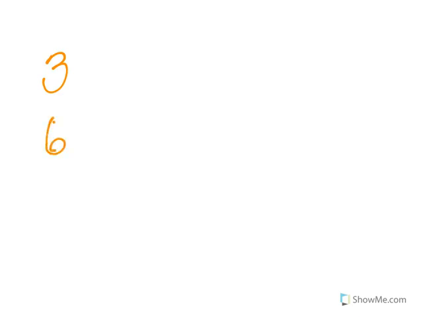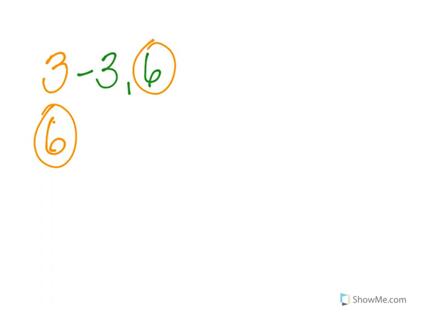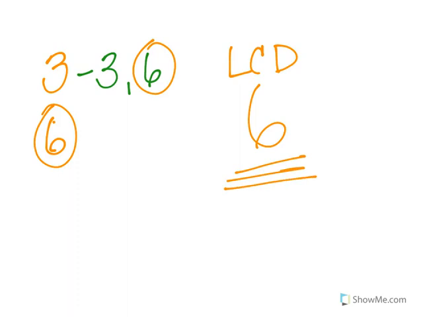So in this case, count by 3s, 3, 6. I can stop right there because I see that number right there. So the LCD for these two is 6. All right? You have to find the least common denominator. Fractions have to have the same denominator in order to be added or subtracted. More to come. We'll do multiplication on the next video. All right, guys.